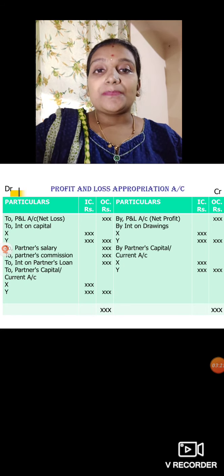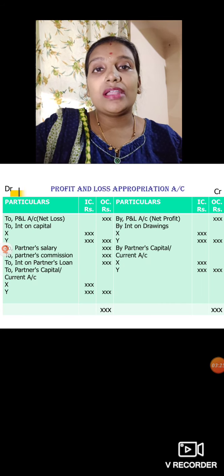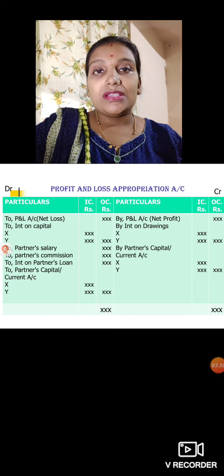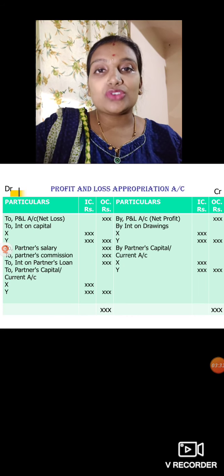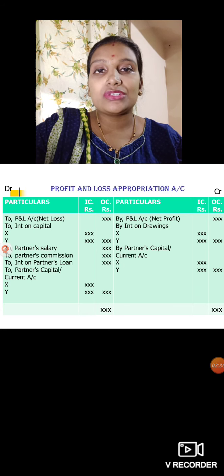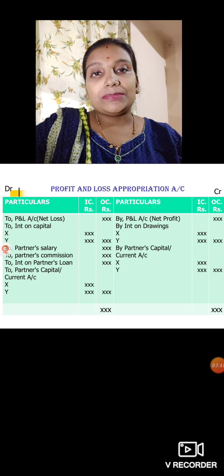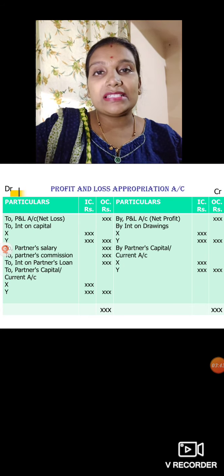But what you're going to collect from your partners, that is interest on drawings, will be credited. It is an income for the partnership firm, so it will be credited by interest on drawings. On how many partners' withdrawals we have, on that we're going to collect interest. Now the remaining balance of both, credit side minus debit side.